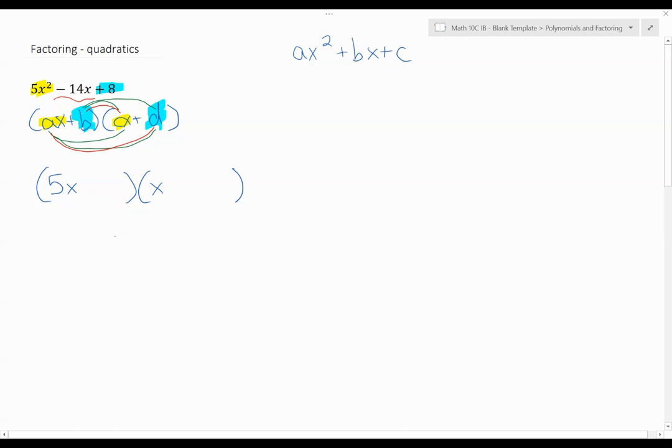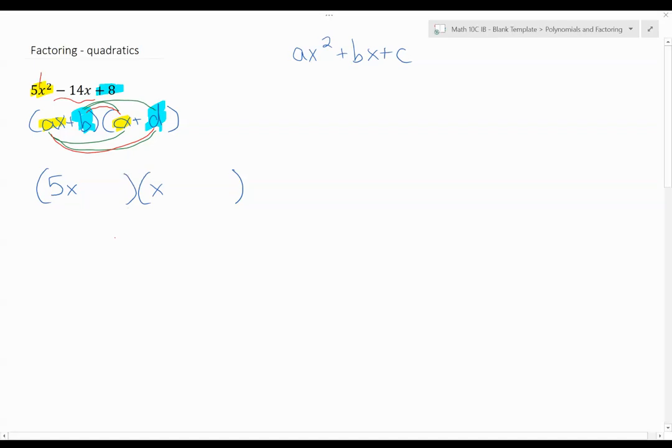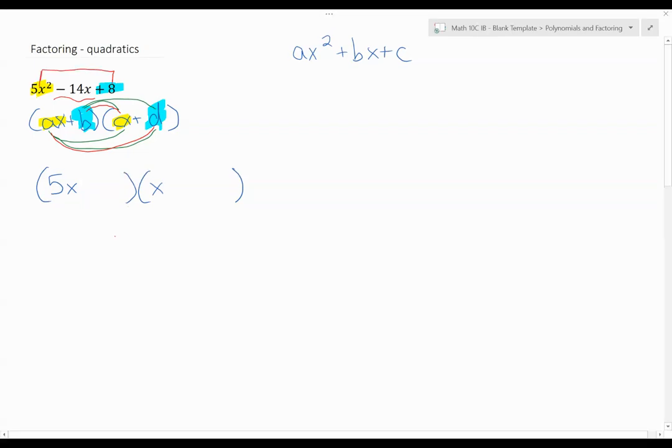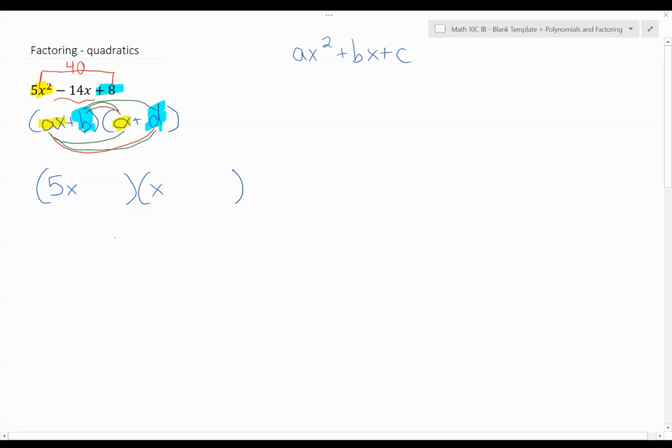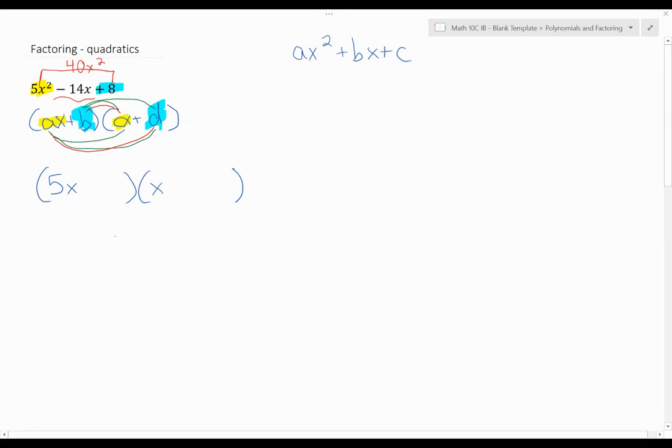So what I'm going to note here is that if I multiply together the constant and the quadratic term, I get 40x squared. That's the same product I should get by multiplying together all of a, b, c, and d.